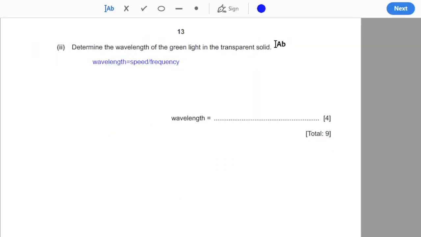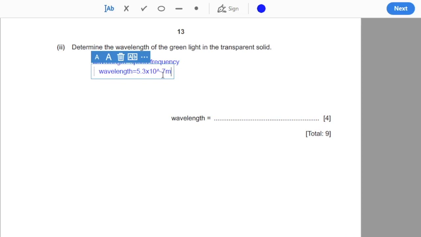So when you divide them, you'll get a wavelength of 5.3 into 10 to the power -7 meters. And now this is its original wavelength, and they were asking us to calculate the wavelength when it enters the transparent solid.